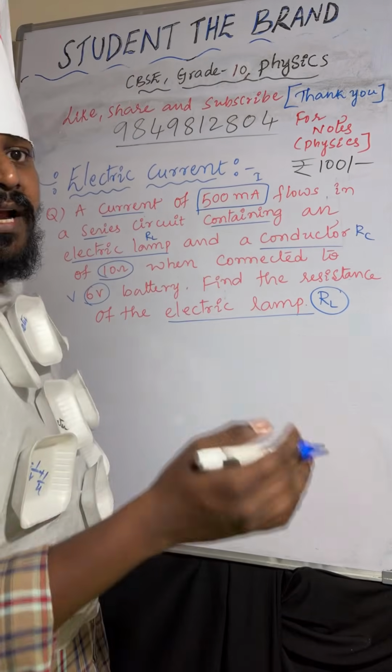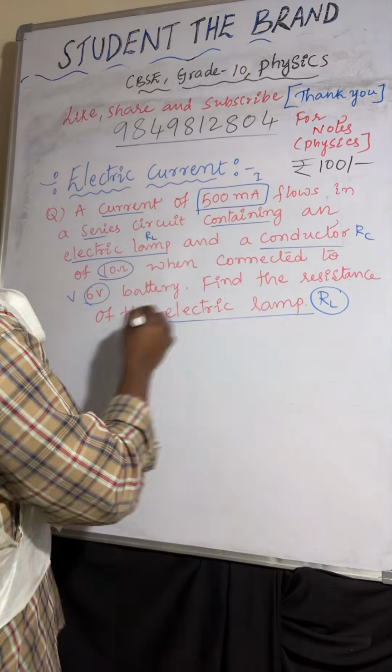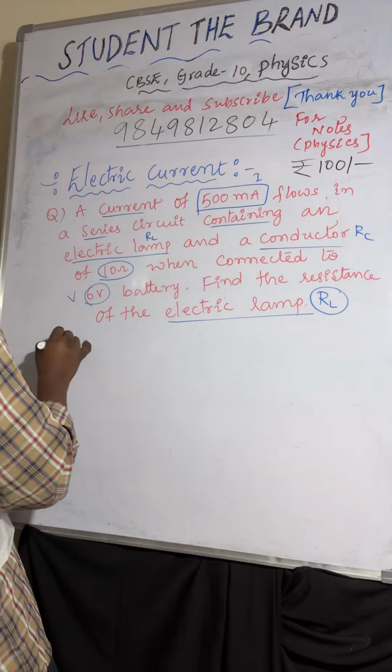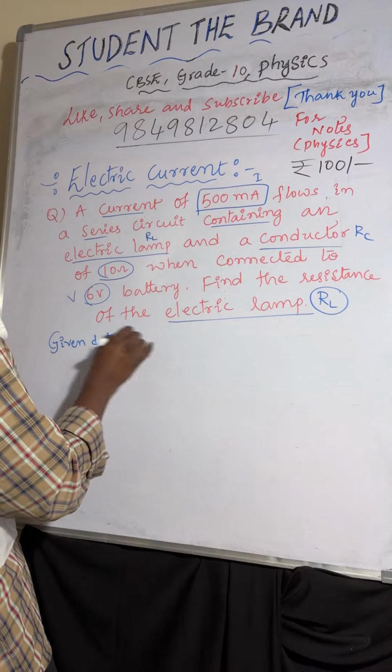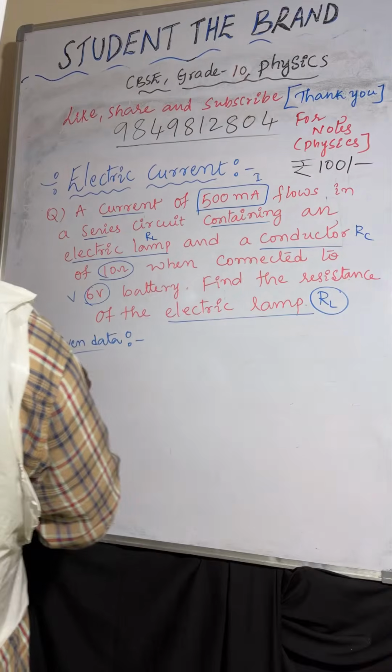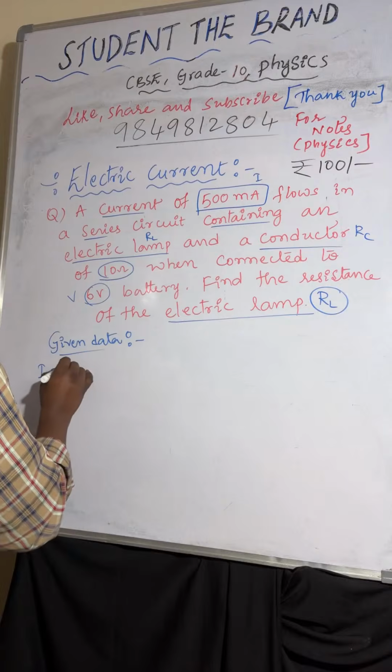Now write the given data. First of all, current. What is the current? Current is 500 milliampere.